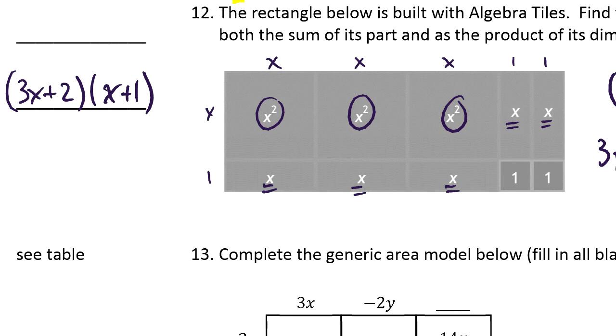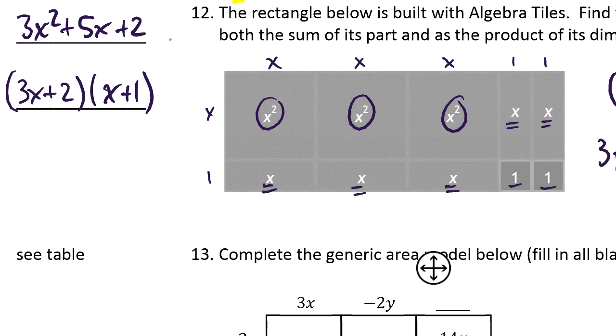So I'll write plus 5x. And it also contains 2 1-unit tiles, so plus 2. So this is the area of this rectangle as the sum of its distinct parts. And that area is 3x squared plus 5x plus 2.